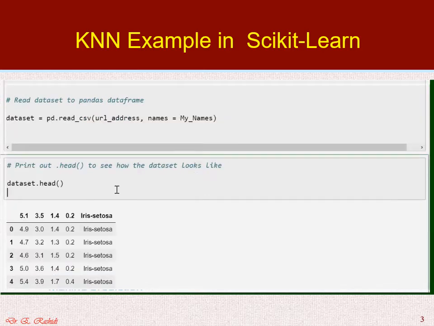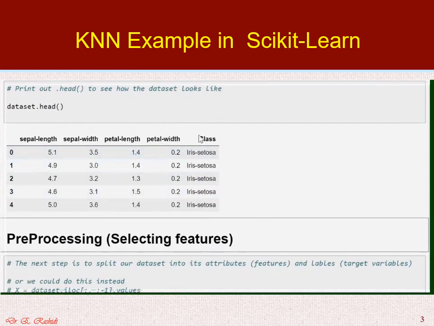Okay. So now if you print out the heading here, as you see, it's printed out with the heading that we needed. So the 5 observations that we have, the first column is the first feature, which is the sepal length, then the sepal width, the petal length and petal width, and the last one is the class, which has 3 categories or 3 types of plants. We have the Setosa and Virginica, etc.